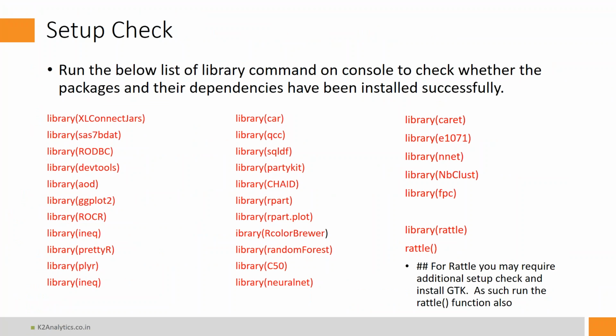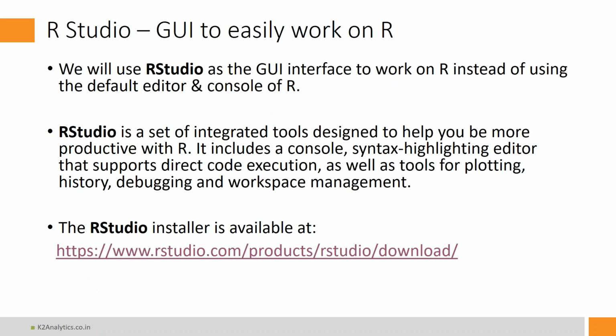How to check whether the packages have been installed? Run the library command. So those packages will get loaded. If they fail to load, which means you don't have it. As simple as that. And the RStudio version, whichever is the latest version, you can download it from the RStudio website.